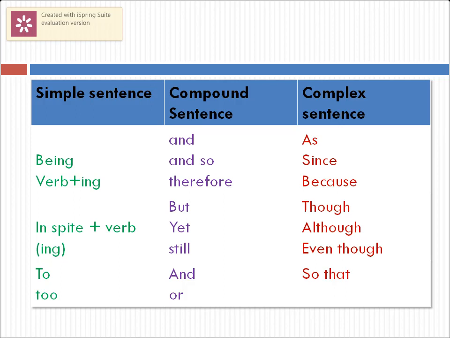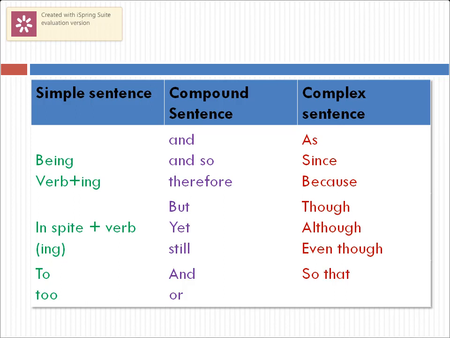Now one thing we have to remember is that whether it's a simple sentence, a compound sentence or a complex sentence, the conjunctions in compound and complex sentences are very important. If you have a sentence with the conjunctions and so or therefore in the compound, we can use as, since or because to make it a complex sentence, or we can just use being, the given verb in the ing form, in a simple sentence to make it into a phrase.